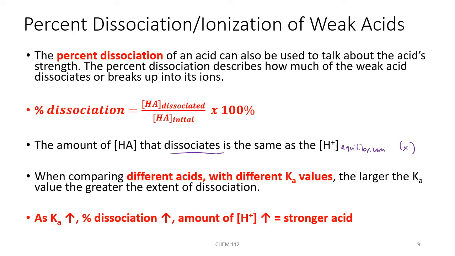Usually, most weak acids will have a percent dissociation of maybe 5 to 6% or less. So of all the weak acids that are actually present, they're only ionized or dissociated a very, very small amount. Most of the weak acid stays together in its combined molecular form.